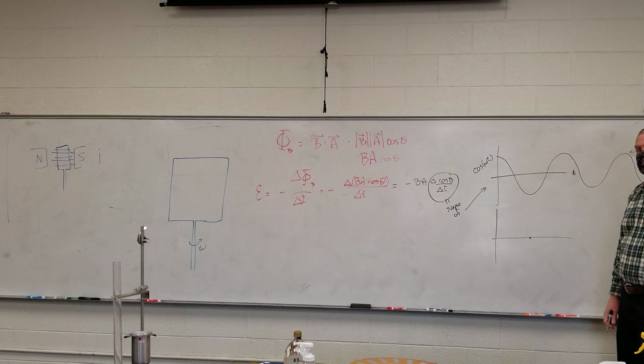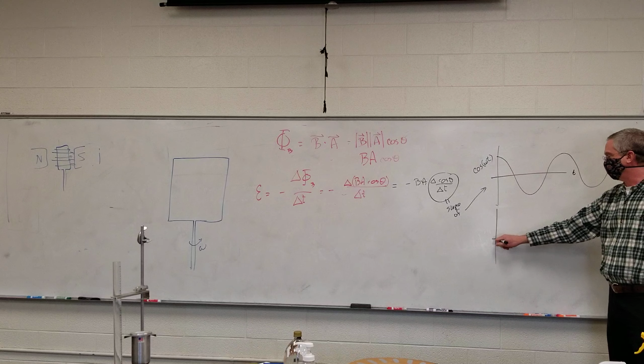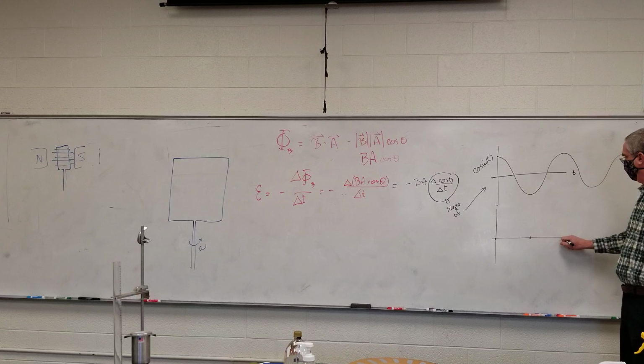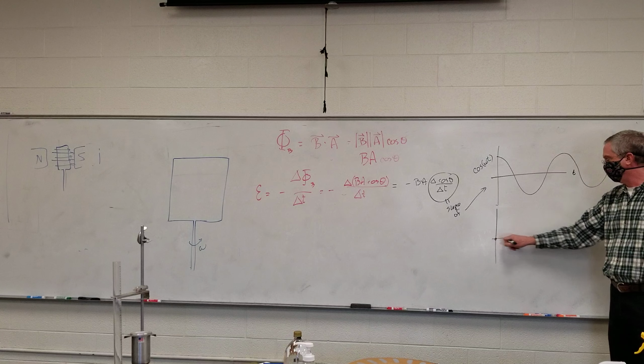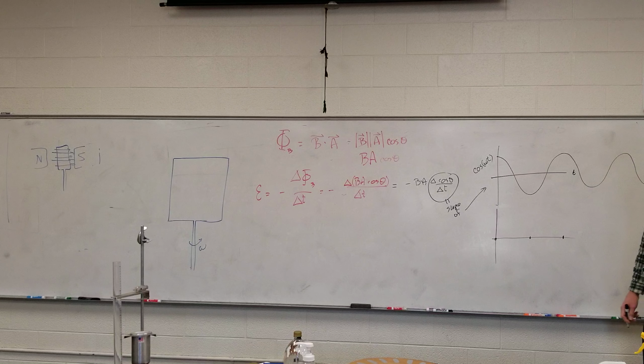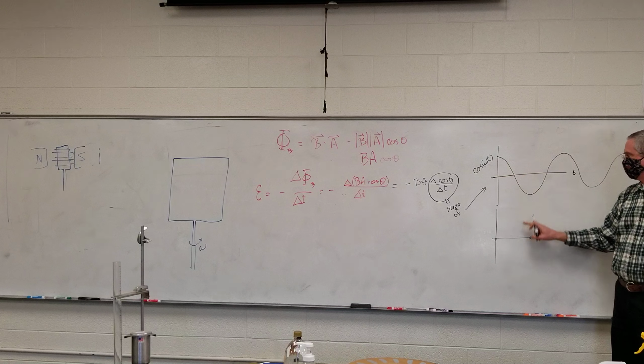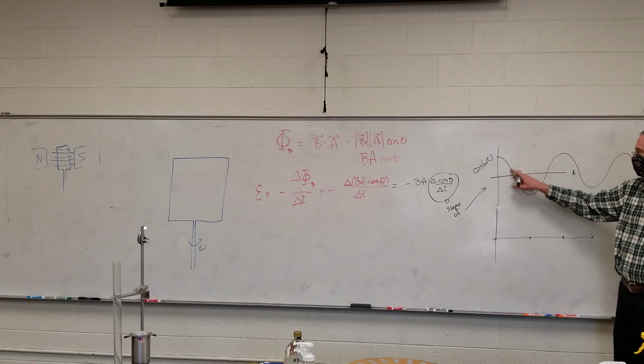It's also 0 at the peaks. So we established it's 0 at the peaks and the troughs, wherever it bottoms out or tops out. In between my first 0 and the second 0, what can you tell me about this slope?